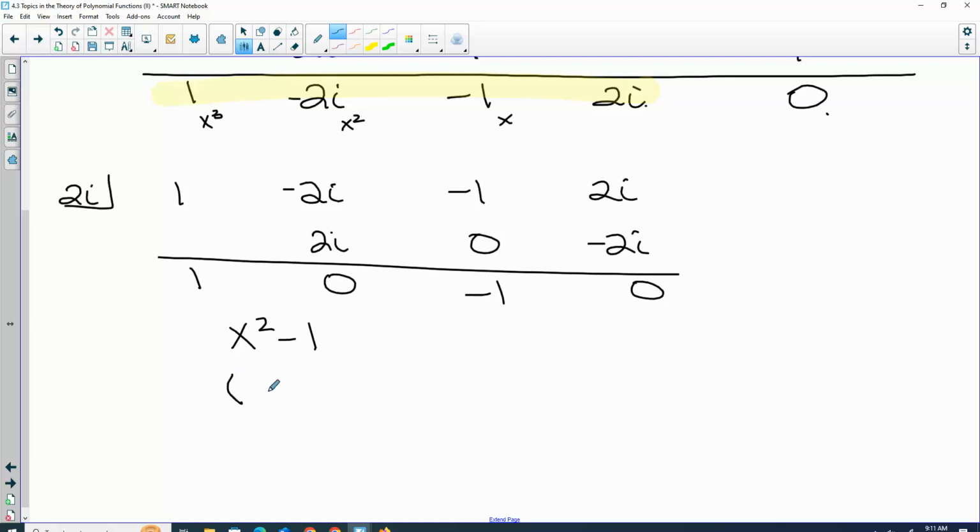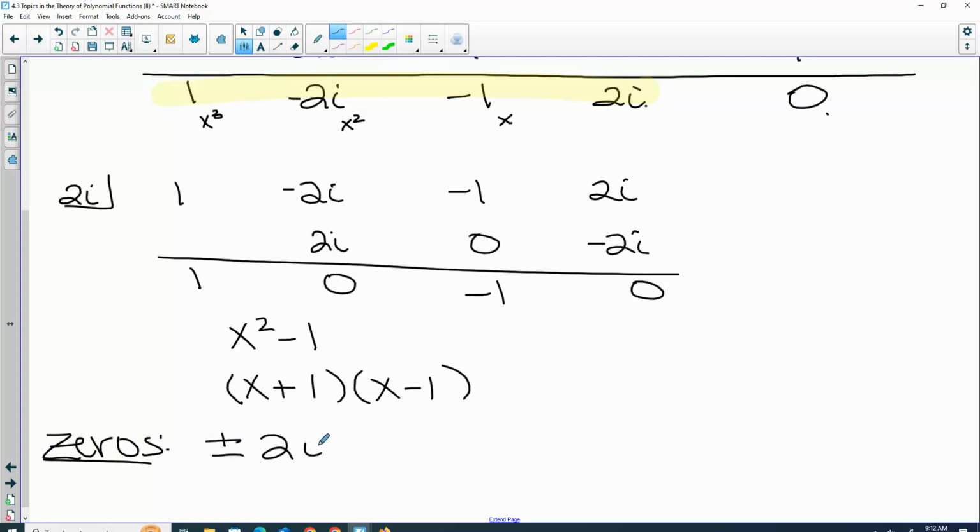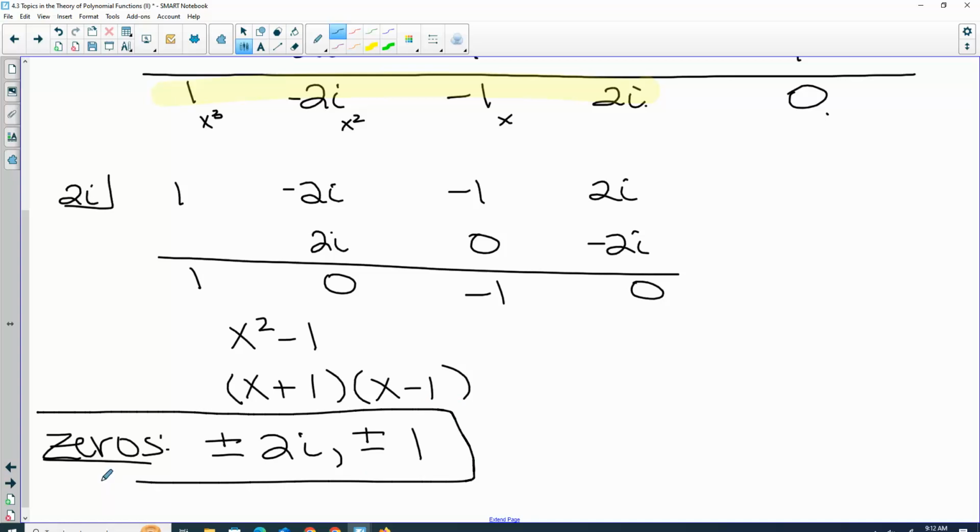And that can factor into... so this time I asked for all the zeros. So we have positive and negative 2i and positive and negative 1.